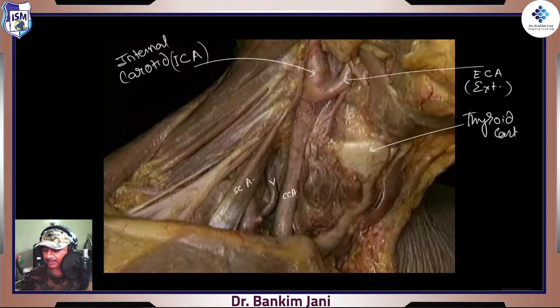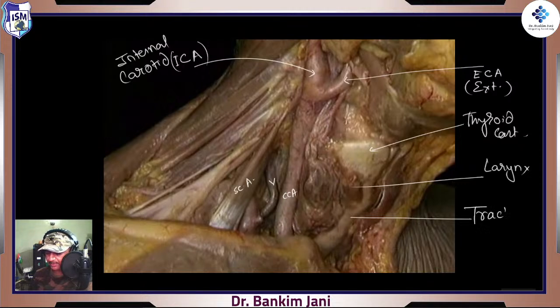The moment the thyroid cartilage is in our hand, immediately below this is nothing but the larynx. And if that is the larynx, then all the way that tube has to be the trachea.